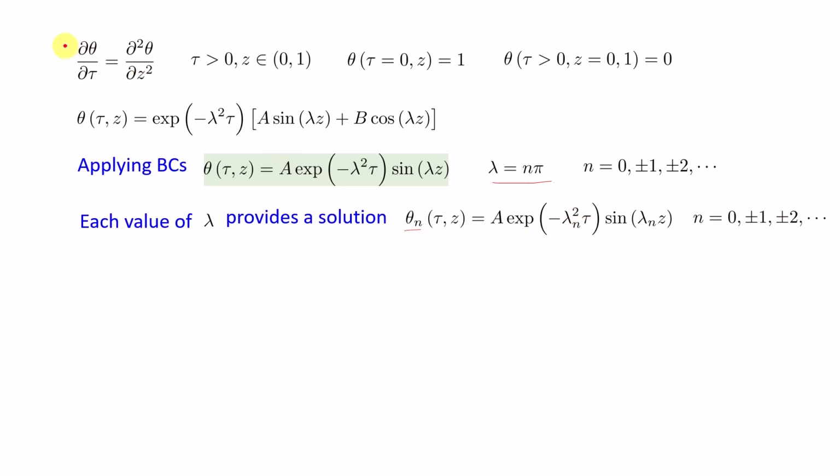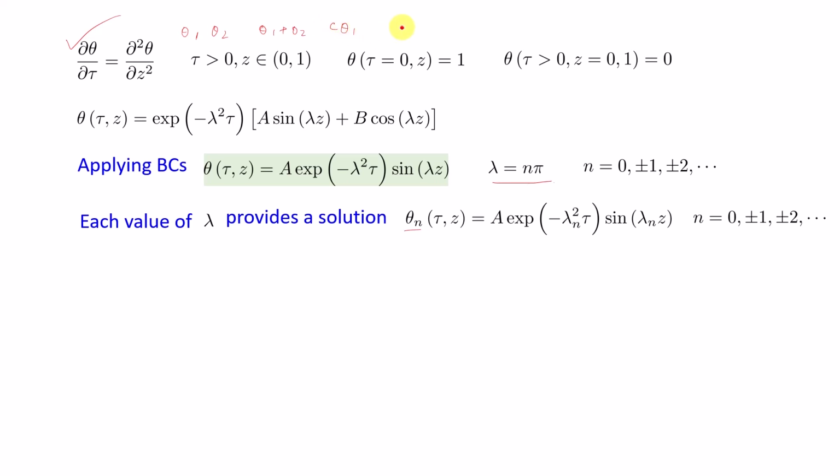Now we know that this equation is a linear equation. So in a linear equation, if theta 1 is a solution and theta 2 is a solution, then theta 1 plus theta 2 is a solution, and some constant multiplied by theta 1 is a solution.